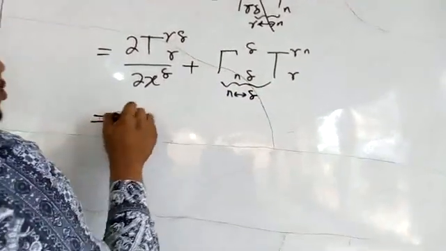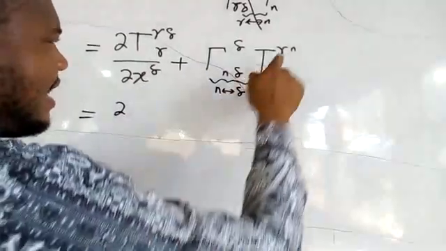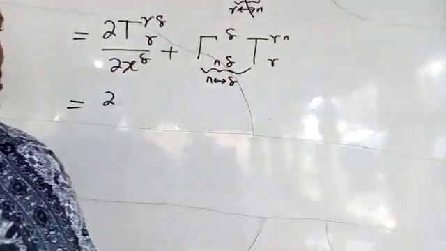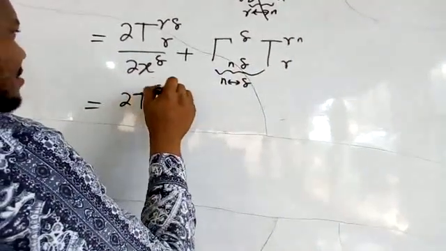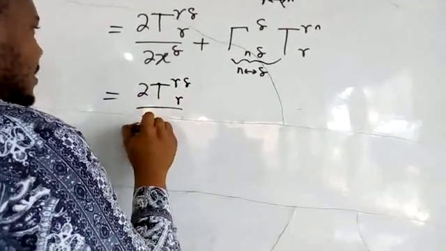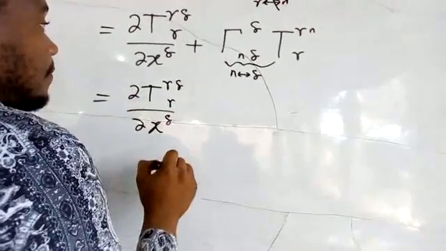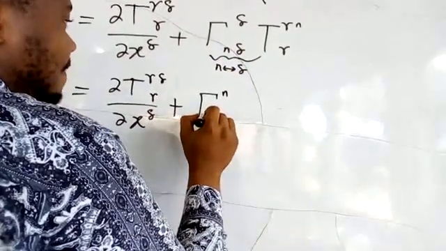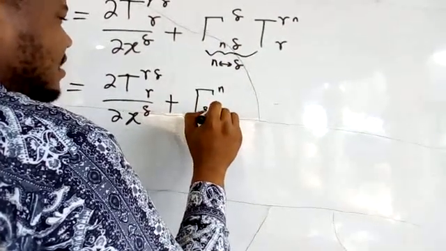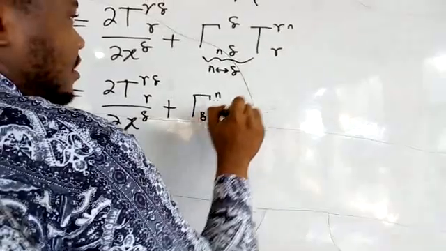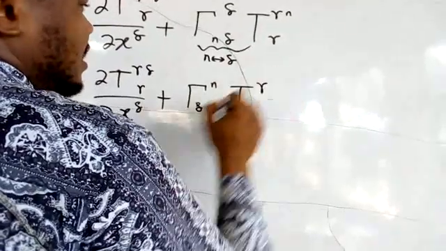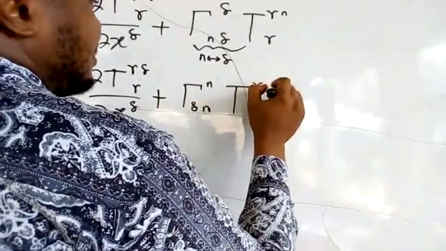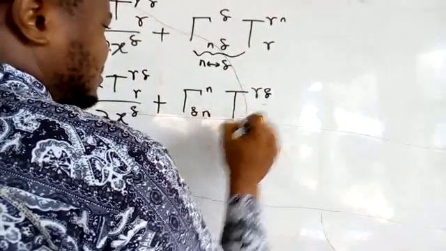I can do that because n and delta are dummy indices. So I have this gamma delta, gamma, now the x delta. So this will be plus gamma, this becomes n, and this is delta, and this is n. And this gives me t. The gammas remain what they should be, the n alone changes to delta, and this is gamma.